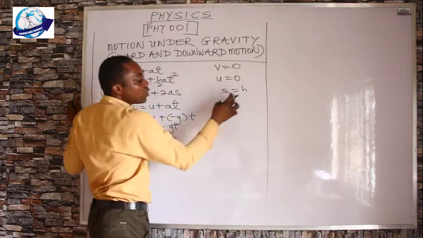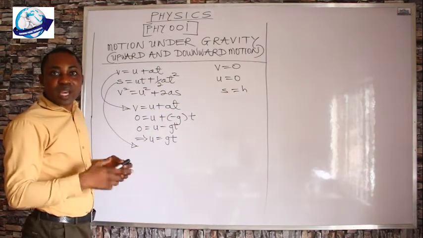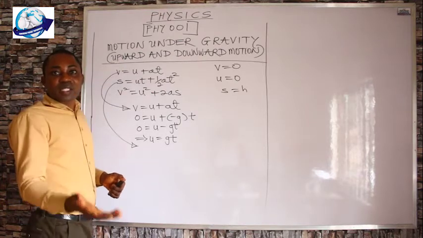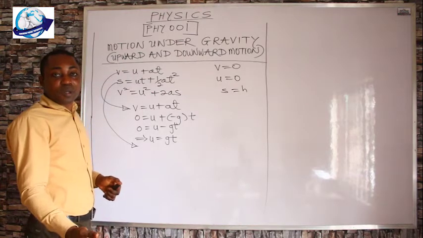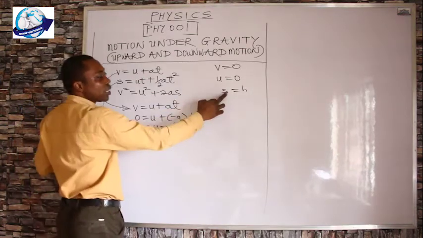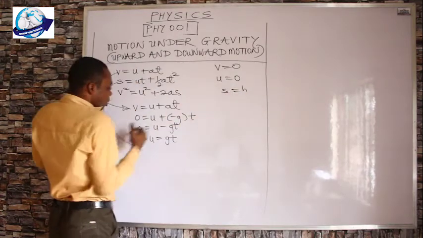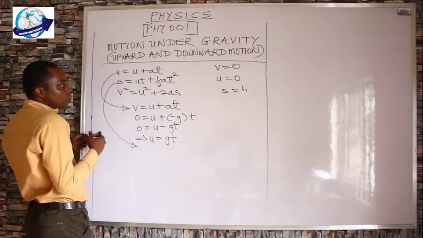What's the h now? The vertical distance, which is called the height above the ground. Therefore, instead of writing the linear distance, we have the vertical distance above the ground, which is the height. So wherever you see s, it becomes h.